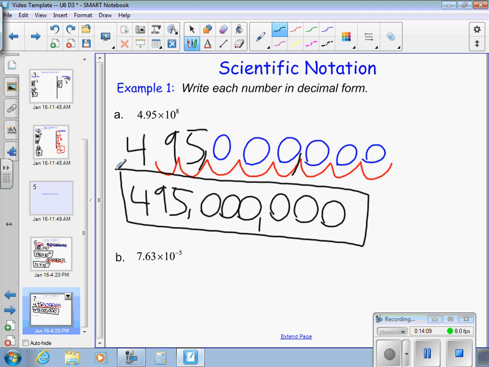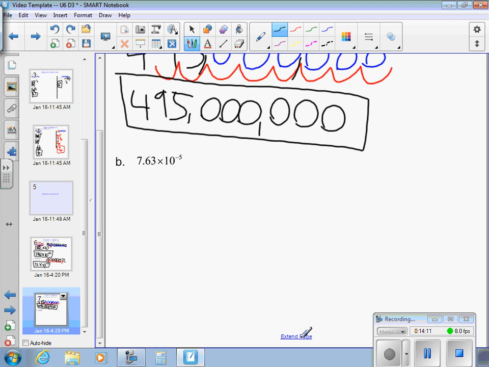Okay, so let's look at the other example. This one has a negative exponent, meaning that I'm making a number that is small. Now, notice that all of these are larger than 0. When we're talking about a negative exponent, that doesn't make the number negative. That would require a negative sign out front.